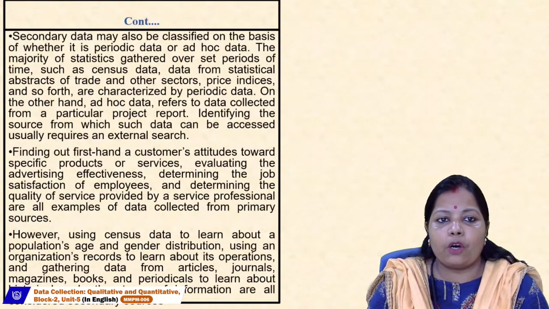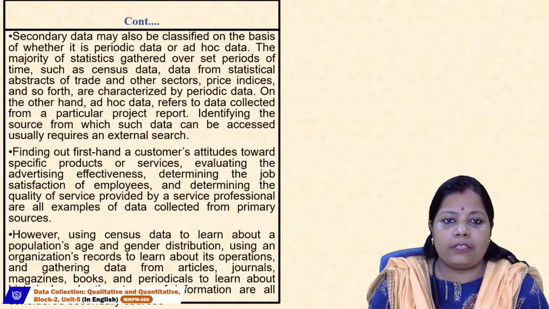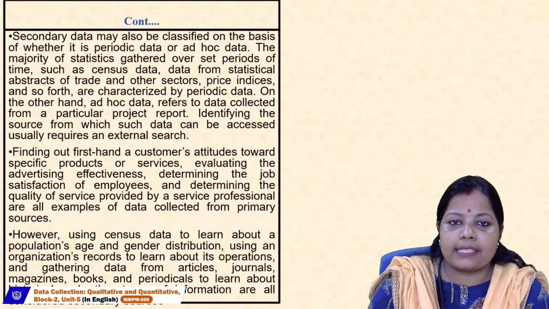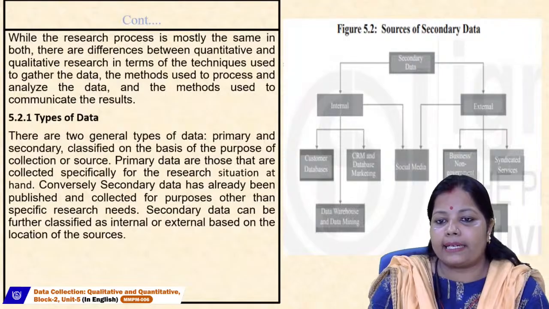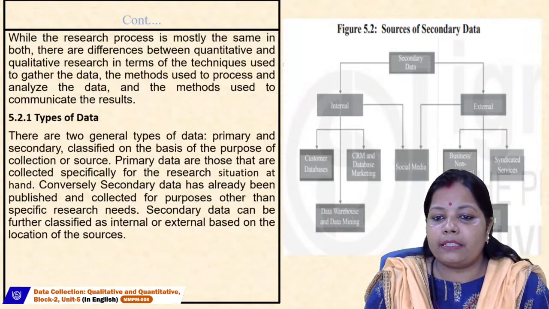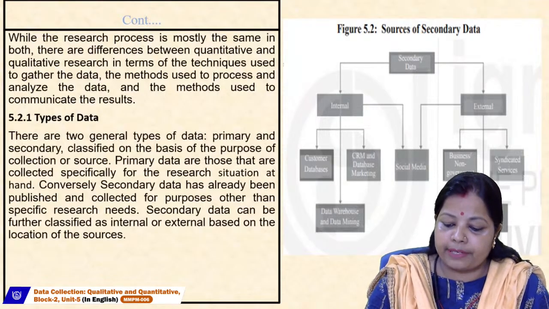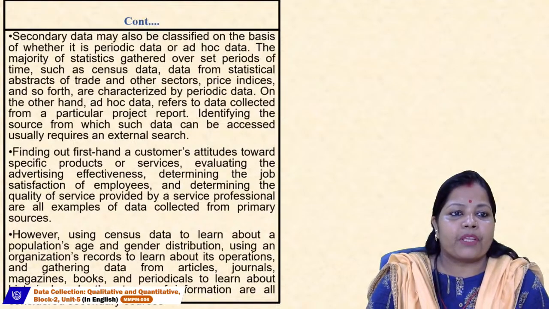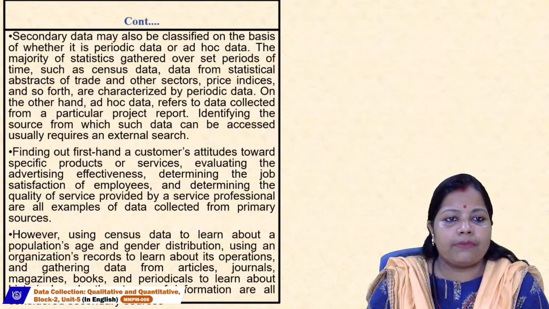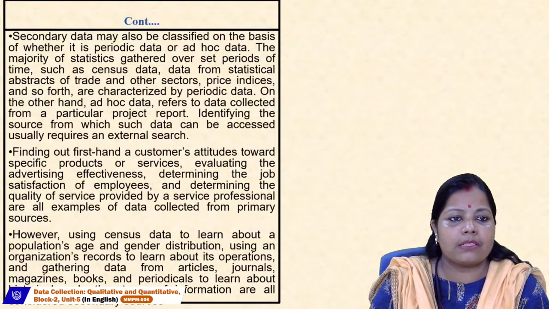So secondary data may also be classified on the basis of whether it is periodic data or ad hoc. The majority of statistics gathered over set periods, such as government data, are basically statistical type data. It is recorded by the government, and some media also quantify these statistics.